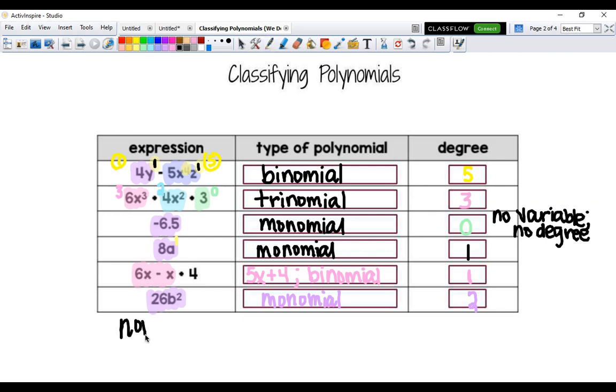All right, so there are some instances where I have non-polynomials. Non-polynomials are negative exponents. This negative exponent makes it a non-polynomial.